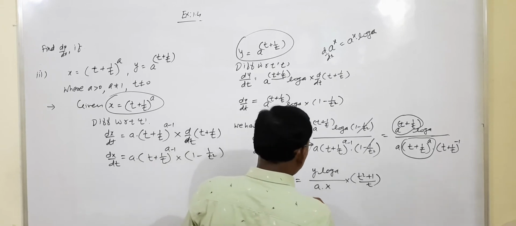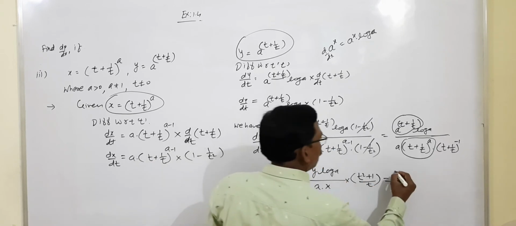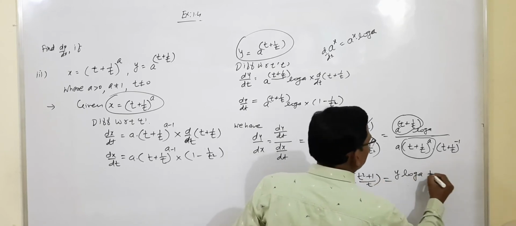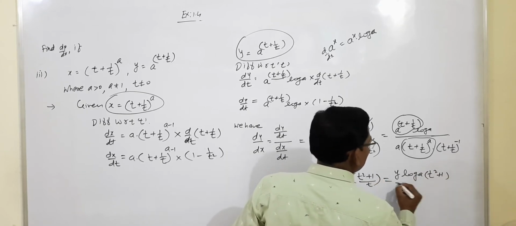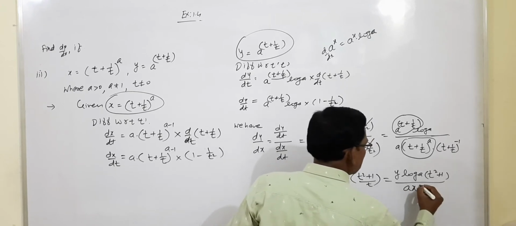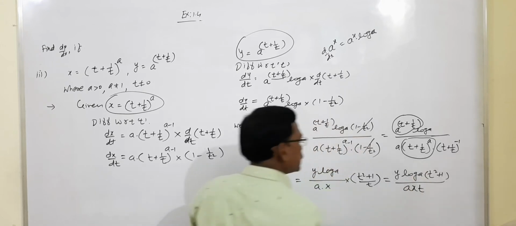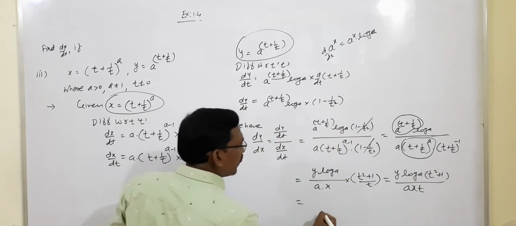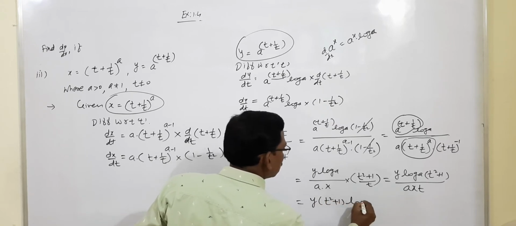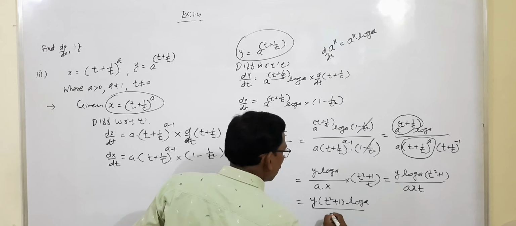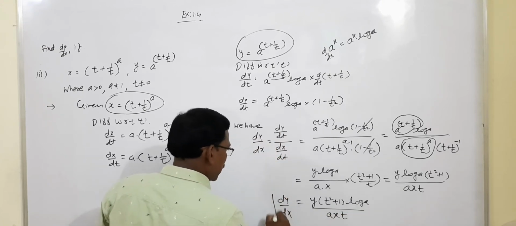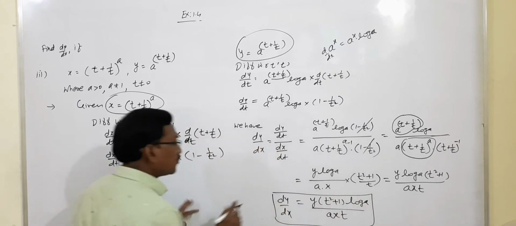Now it is equal to y log a into t square plus 1 divided by a x and this t. This is the final answer. The final derivative is y into t square plus 1 into log a divided by a x t. This is the final derivative of the given function.